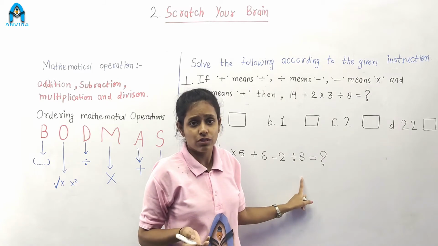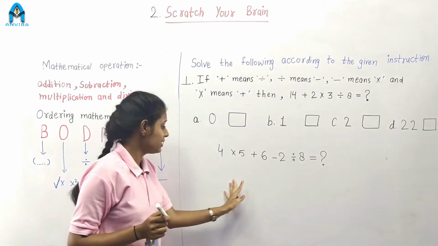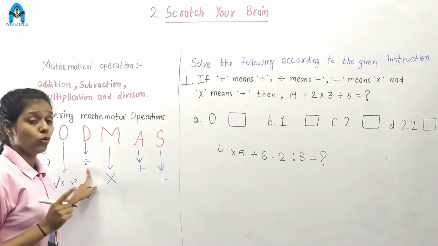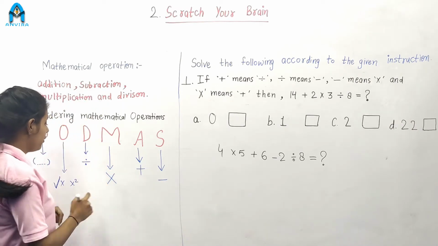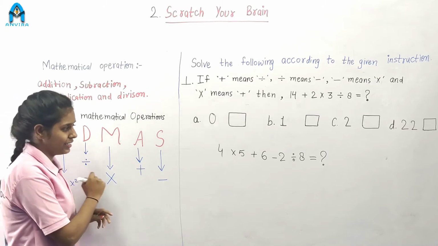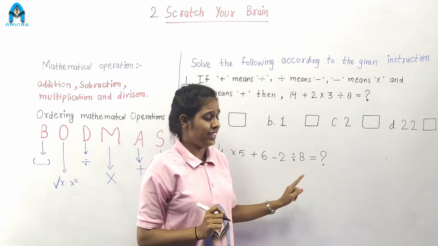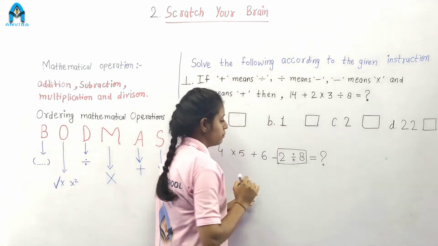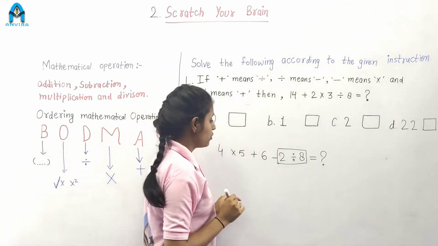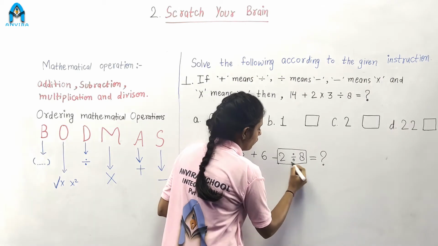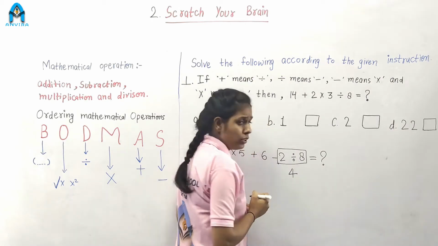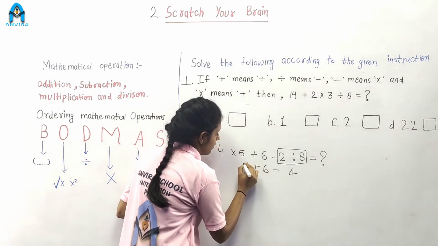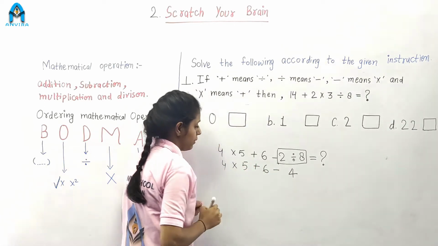How can we find it? We follow this order. First of all, we do divide. So, where do you find divide? Here: 2 divided by 8. The answer of this is 4, minus, and the others are the same.